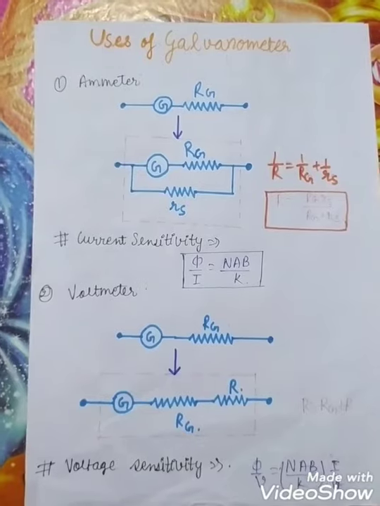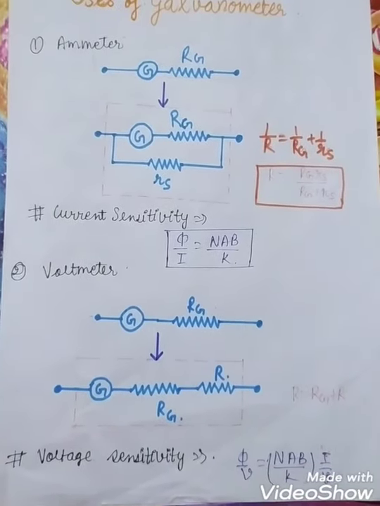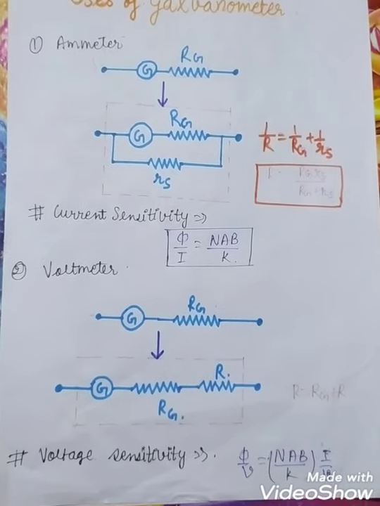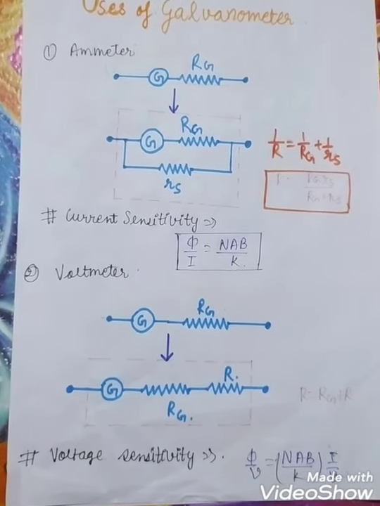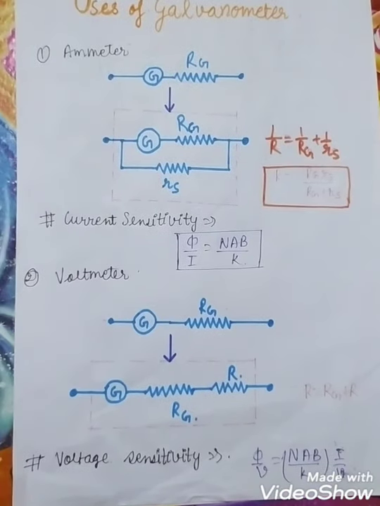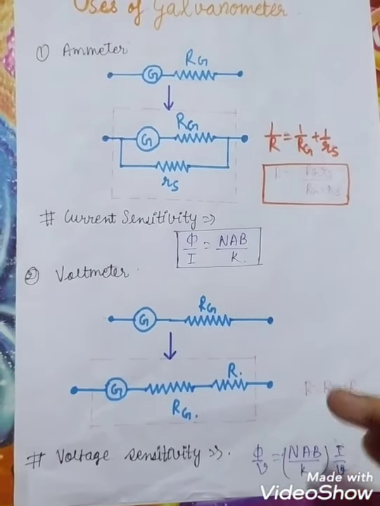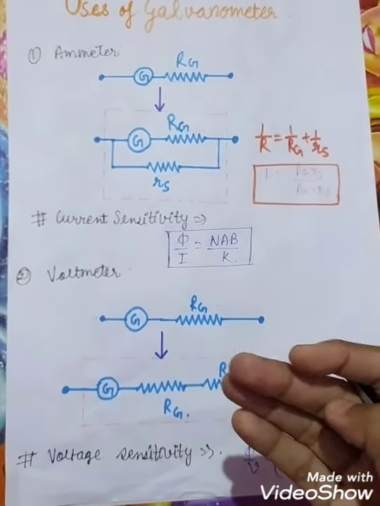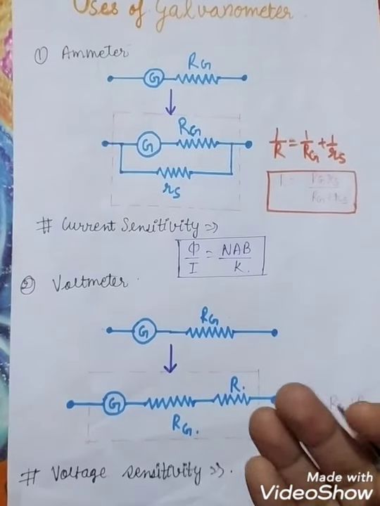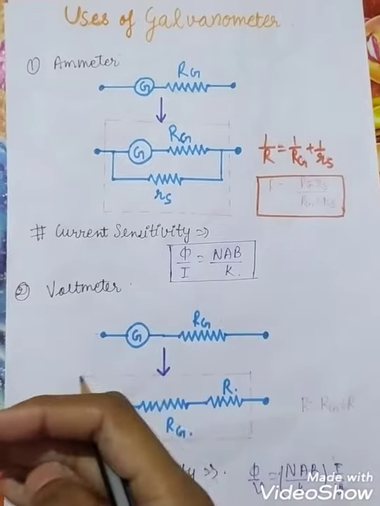What happens if I connect this galvanometer in series with another device? As the resistance of this galvanometer is already very high, if I connect it with any other device, the value of current will be affected due to such high resistance, and we will not get the value of current that it was previously.